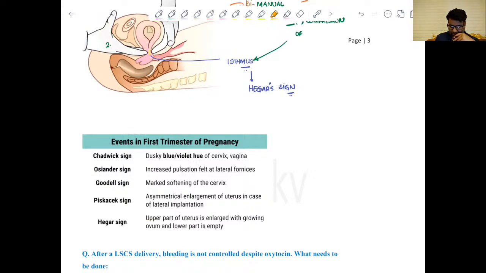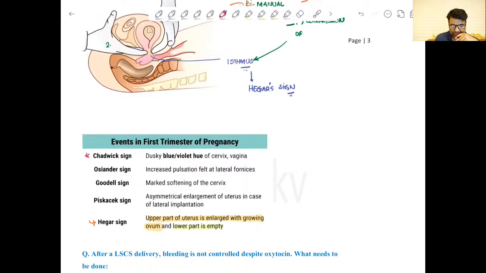The upper part of the uterus is enlarged because of the growing fetus, and the lower part is empty, so there is a compression at the site of the isthmus. This is Hegar sign. Clear? Apart from this, there are some other signs of pregnancy which have been asked previously also.